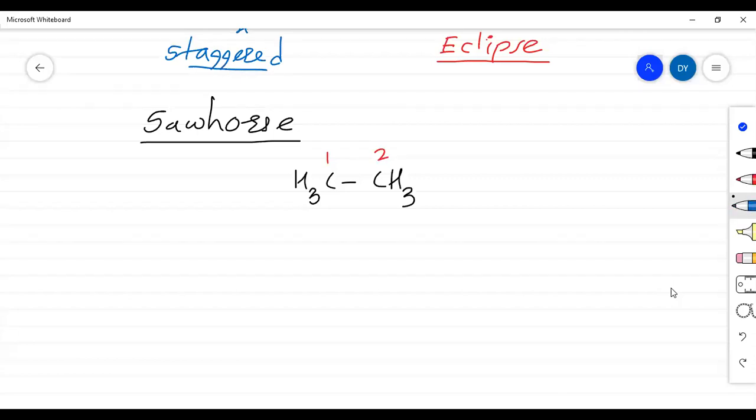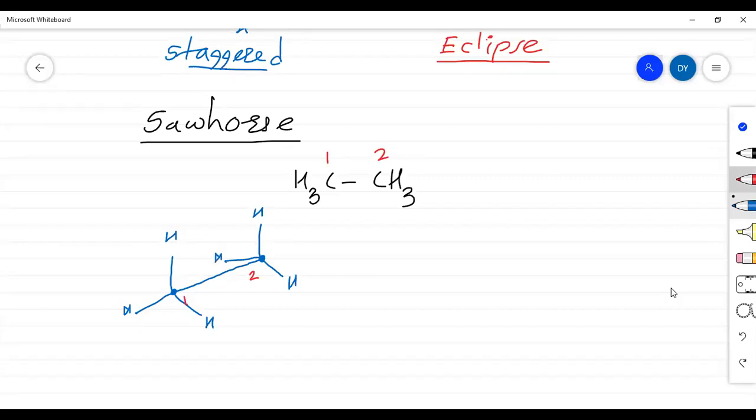Now for the Sawhorse projection formula, we make a tilted line. These two dots represent carbon number 1 and carbon number 2. Carbon number 1 is attached to 3 hydrogens, so I write like this. Carbon number 2 is also attached to 3 hydrogens, so I write like this. So I write hydrogen, hydrogen, hydrogen on each carbon atom.